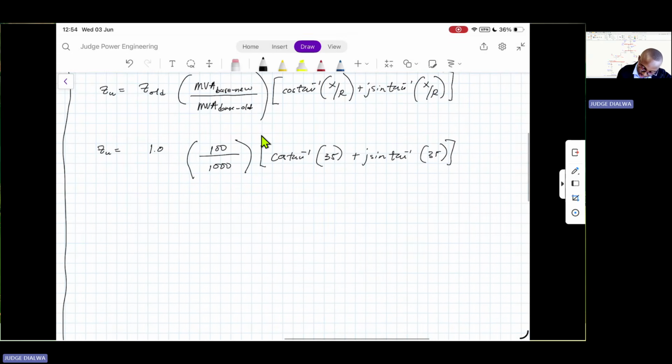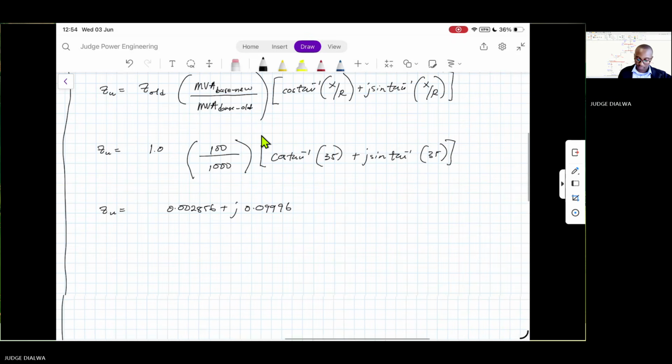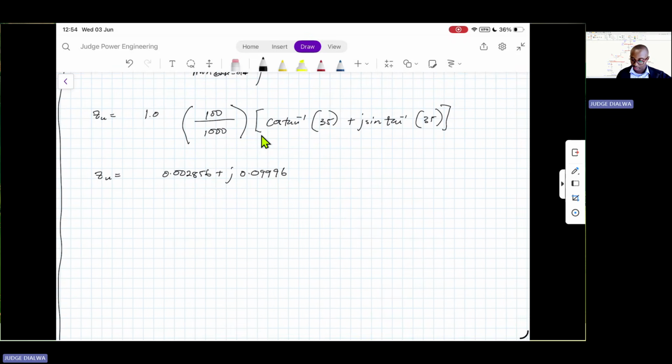Now, once you input this in your calculator, you should get 0.002856 plus j 0.09996. So that's the equivalent impedance of our utility grid.